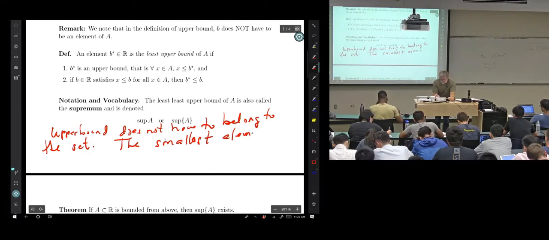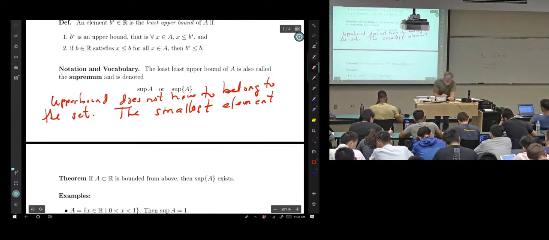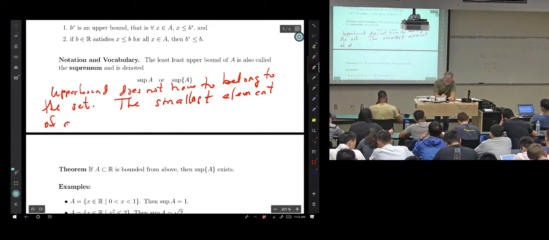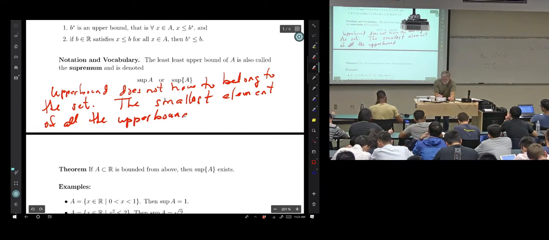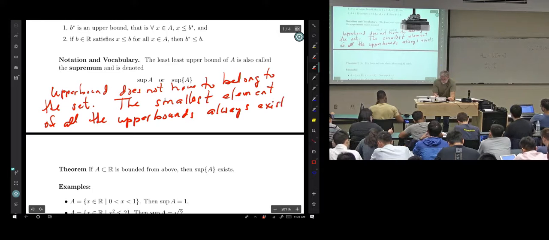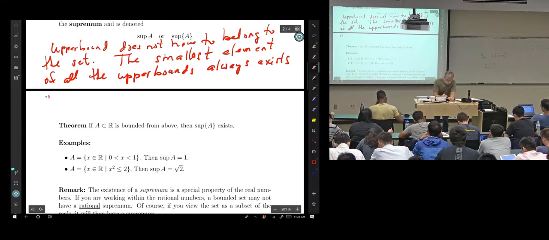The smallest element of all the upper bounds always exists and is called the supremum.